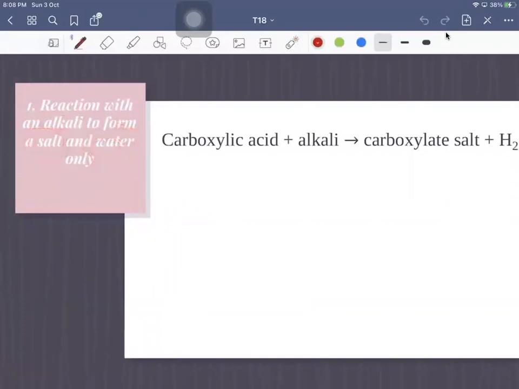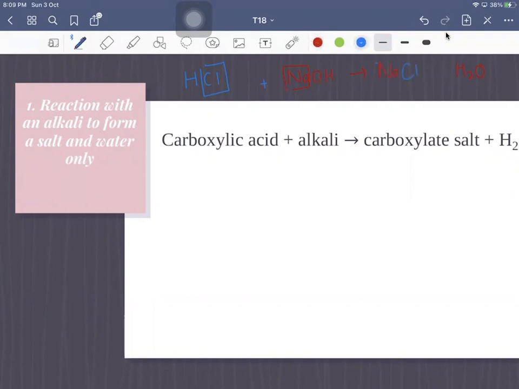If this was a normal acid like HCl reacting with an alkali, sodium hydroxide, we would form water, H2O, and the salt would be from the sodium and the Cl from HCl. So our salt is NaCl.